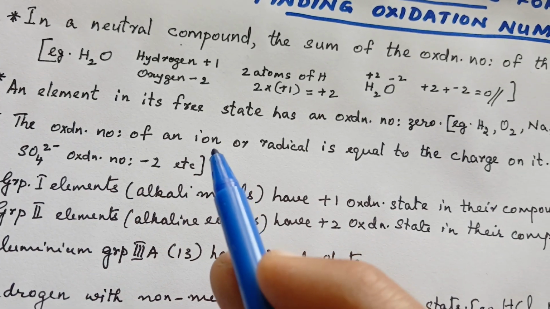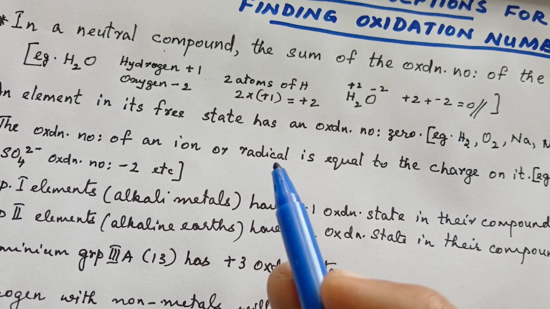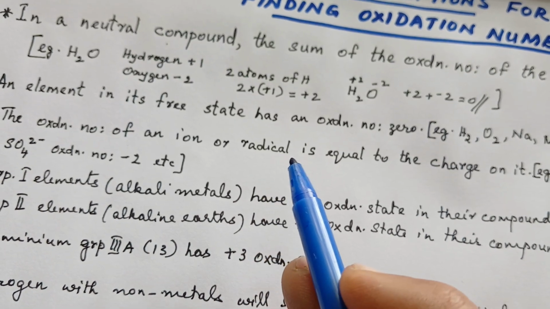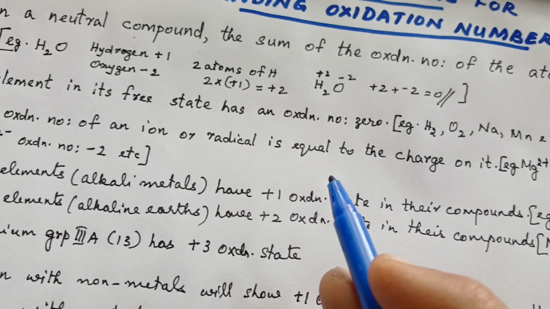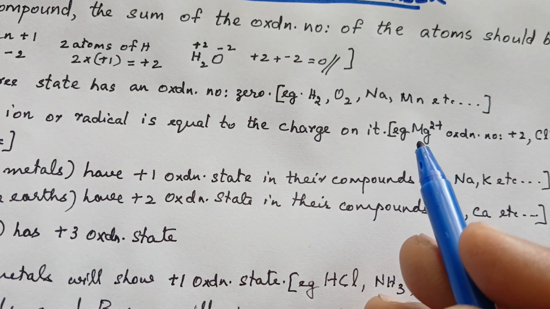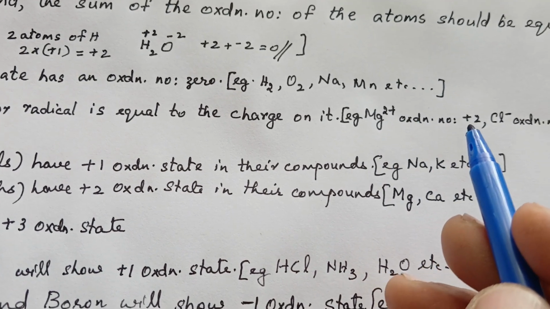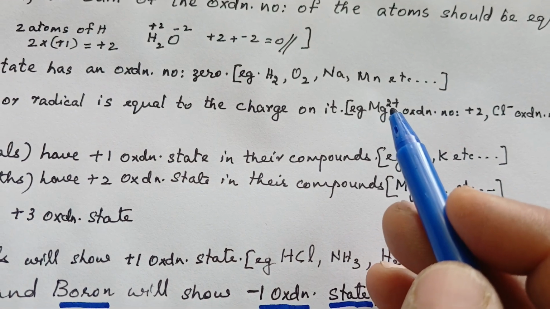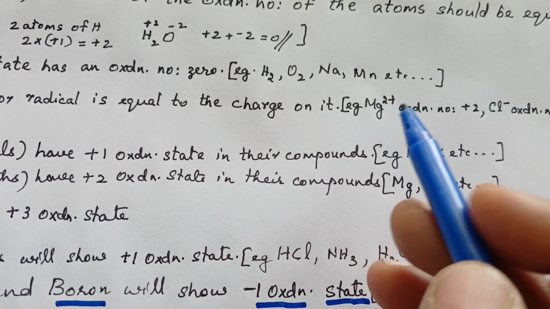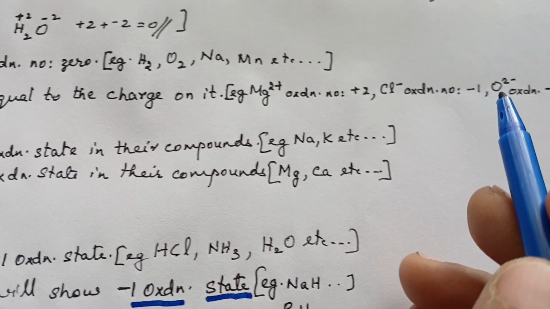The oxidation number of an ion or radical, meaning 1 or 2 elements, is equal to the charge on it. For example, Mg2+ is a magnesium ion. Oxidation number is +2. That is the charge on the ion. Cl-, oxidation number is -1.